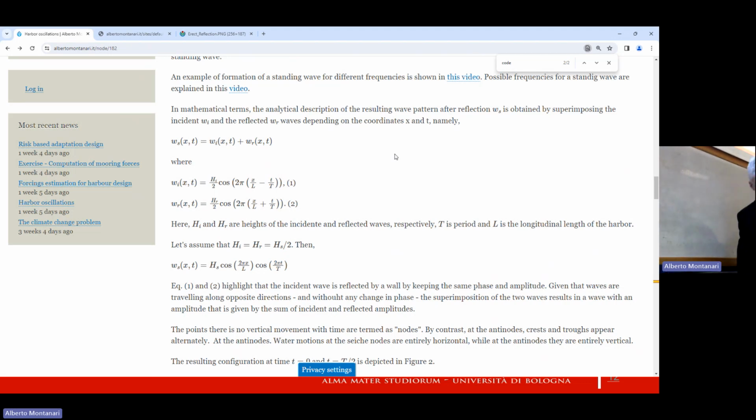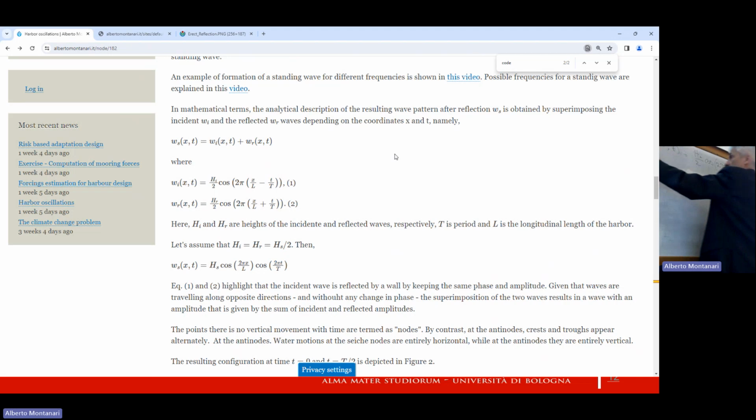So let me write these two equations again, one after the other. W_I(x) is H_I divided by 2 cos 2π, which multiplies x divided by L minus t divided by T. Let me see, everything is okay, perfect.